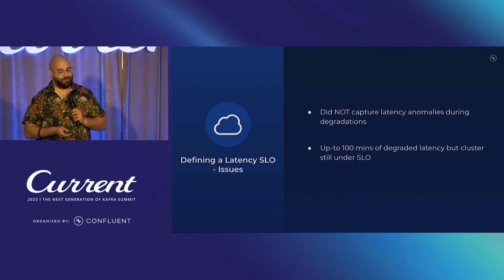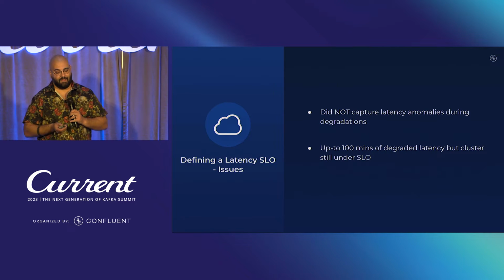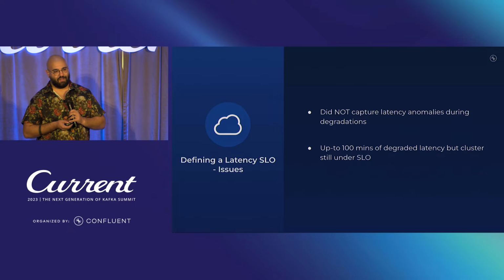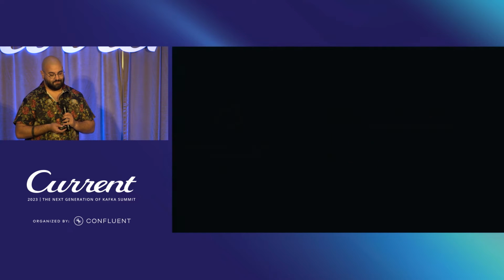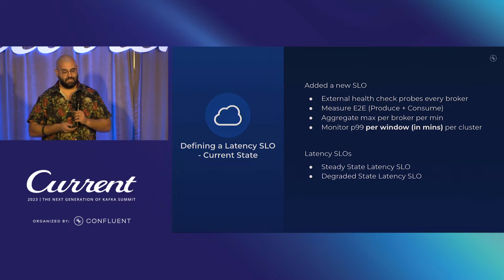But it didn't capture everything that we see, the degraded latencies, whether we're experiencing degradation on the infrastructure side or on the network side. And we were missing about 100 minutes of degraded latency in our SLO, which is a problem for our users, right? We want to make sure we're ensuring this consistent performance.